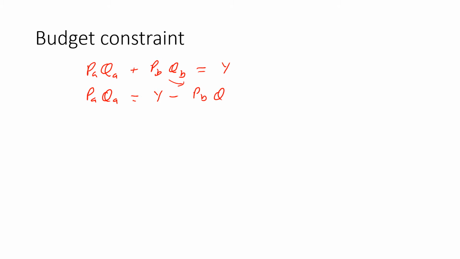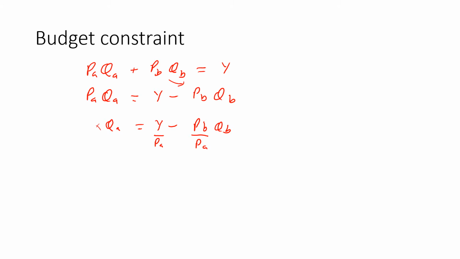And in order to complete it in terms of QA, let me divide both sides by PA, and I will get Y over PA minus PB QB, divided by PA, so I will get PA over here and PB over PA over here, and on this side it will cancel out.